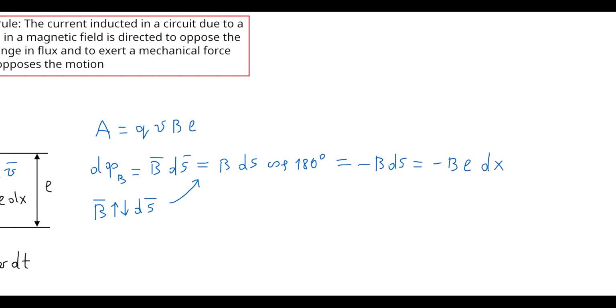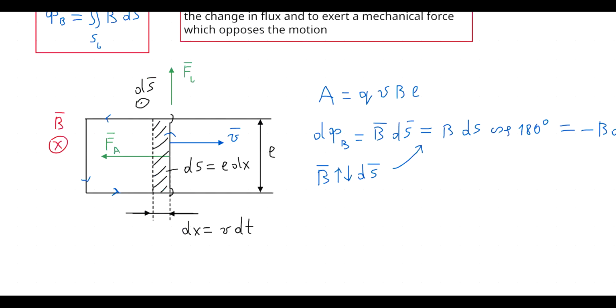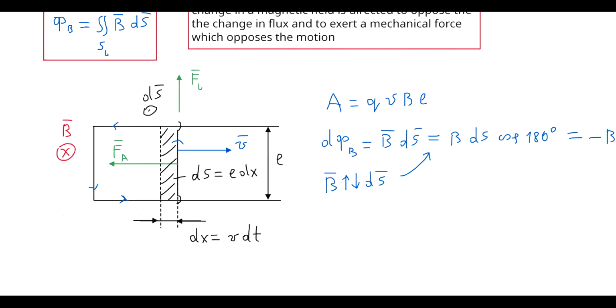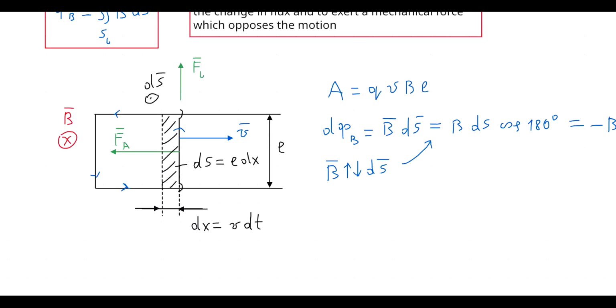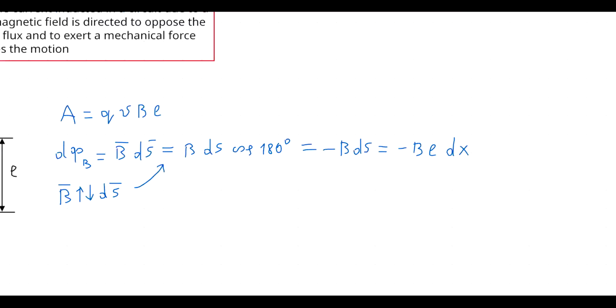Where we have found that dx is equal to velocity v multiplied by differential of time dt. So it will be minus B L v dt.